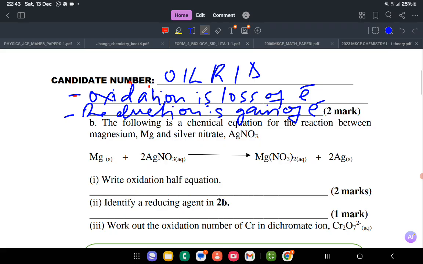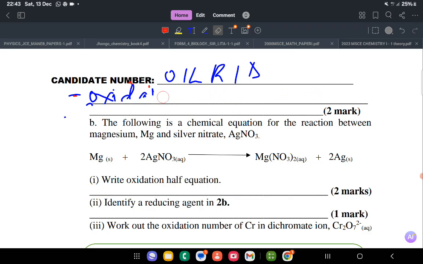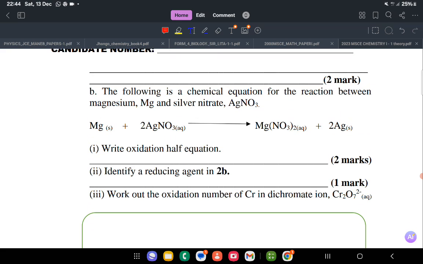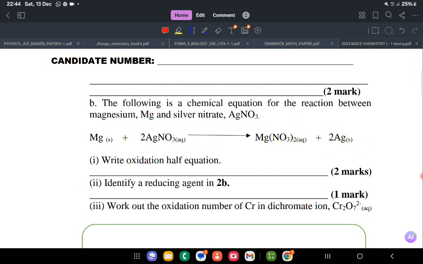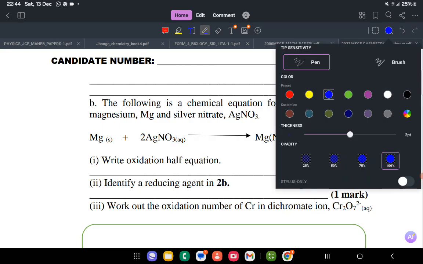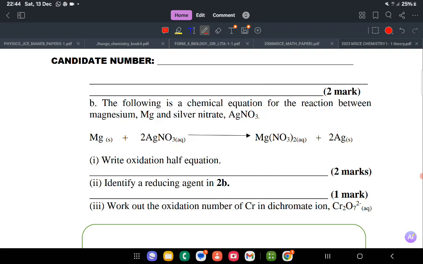Okay, so now you know all the definitions so that you are able to give any one of them depending on the circumstances in which you are asked. All right, B, the following is the chemical equation for the reaction between magnesium and, we are told, silver nitrate.